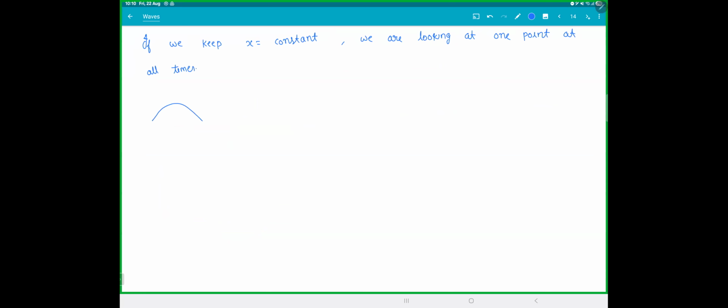So again, if you look at that example, when the wave pulse is going, if you look at point A, it is only going up and down. So when they give you a graph, they're actually giving you the displacement of A with respect to time. So this is actually a graph. So YT graph is actually a proper graph. Clear with this? So YX is a photograph, YT is a graph. It tells you the displacement of the particle with time.